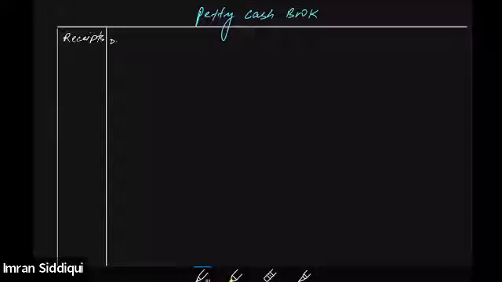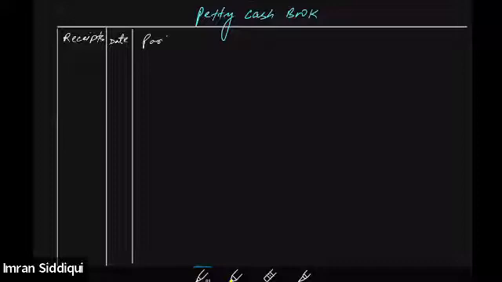Receipts. Then we will make a column for recording the date of transaction. After that, a column for particulars. Then the total payment being made.